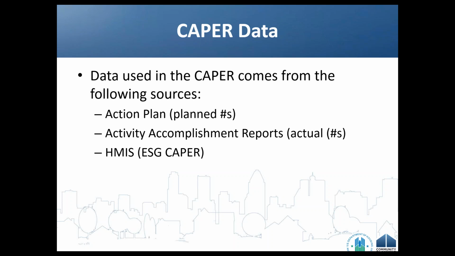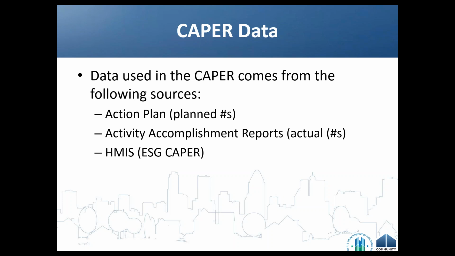A couple of other helpful reports are the BOSMAC and the PR03 for CDBG. I know some people have used the PR23, the Summary of Accomplishments report, in the past, but I've run into a couple of glitches with that one, so you might want to take note of that. The PR23 is not working exactly and perfectly, shall we say.